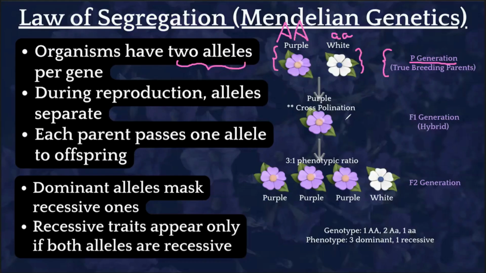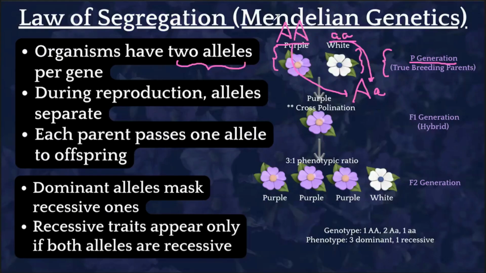Why? Because dominant alleles will mask the recessive alleles. Based on the law of segregation, one parent can only give capital A, and the other parent can only give little a. That's what we mean by true breeding parents. During reproduction, when these alleles separate, each gives one of its two, right?